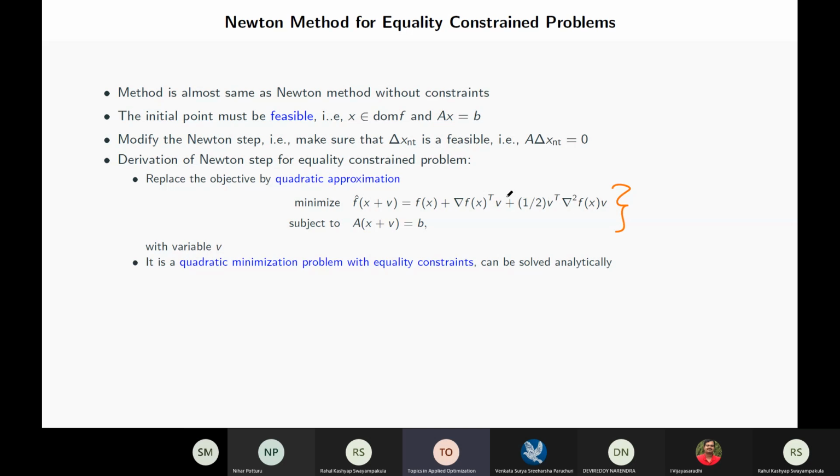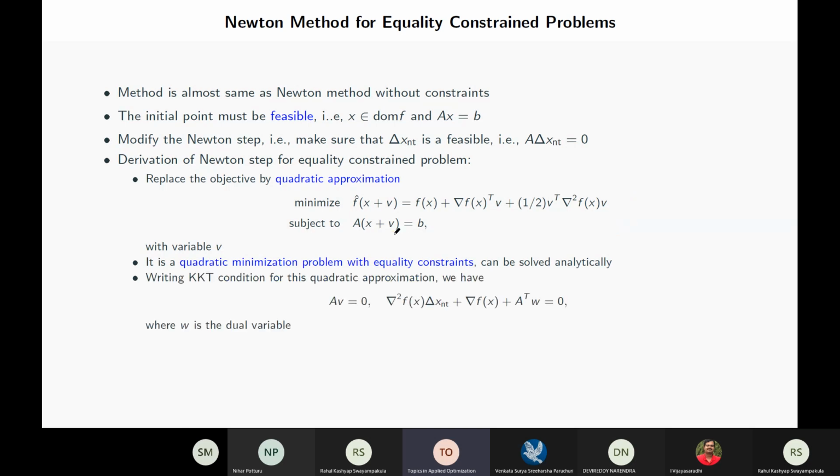In other words, it does a quadratic approximation of the function, and then since we also have an equality constraint, we also have an update for the x here. Remember our original problem: minimize f of x, which may not necessarily be quadratic, subject to Ax equals b.